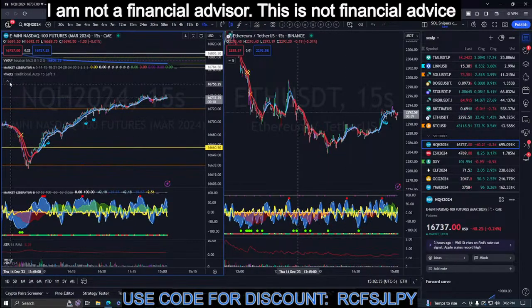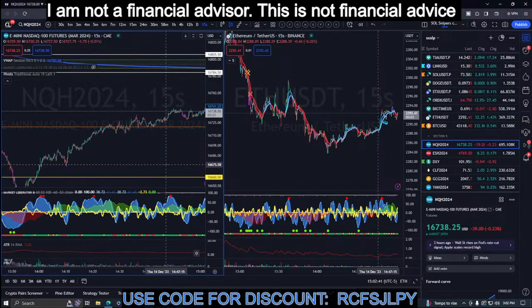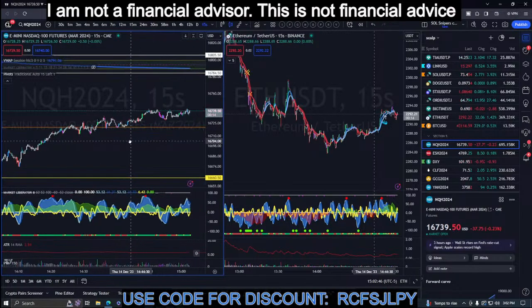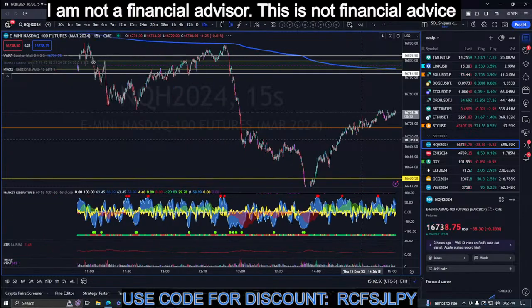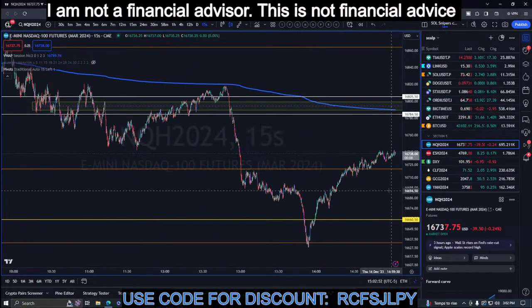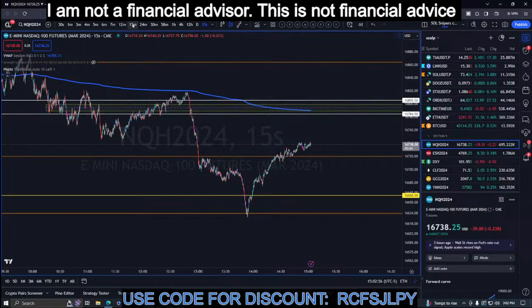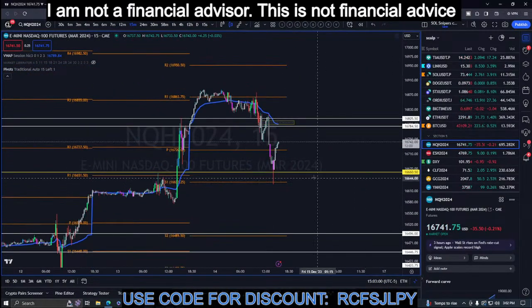Sometimes I take it off for less noise. Using vector candles, UVA candles also. This yellow line, you see that's a pivot on a 15-minute. So pivots.